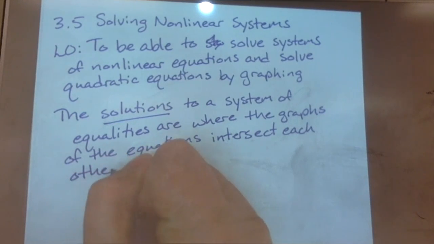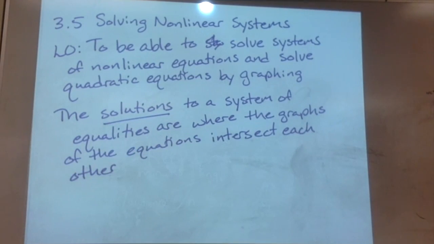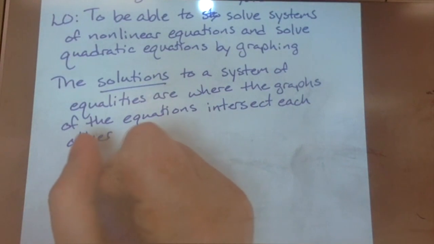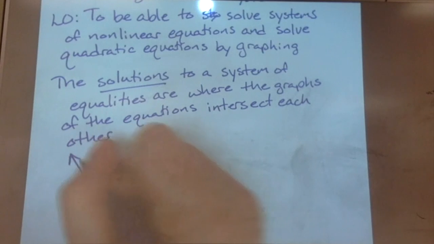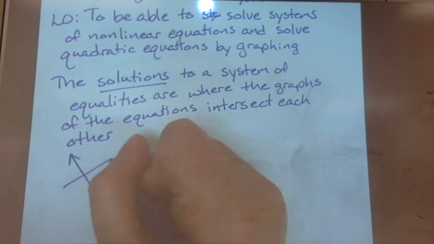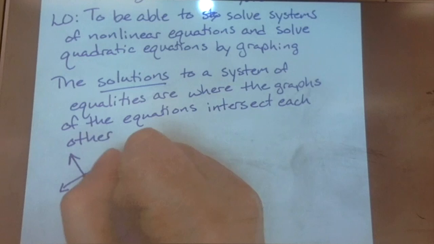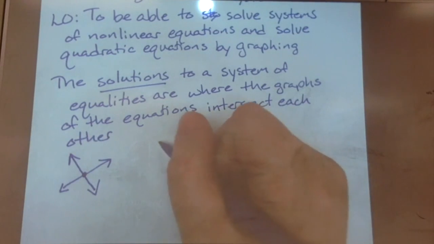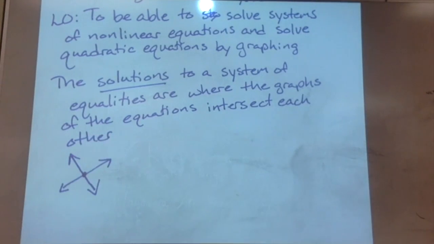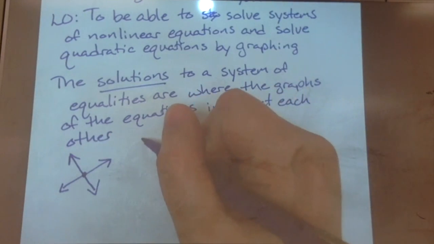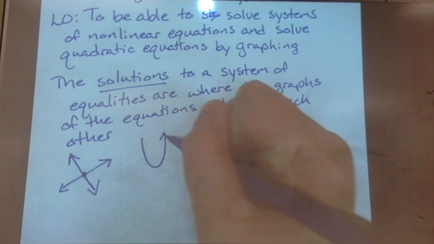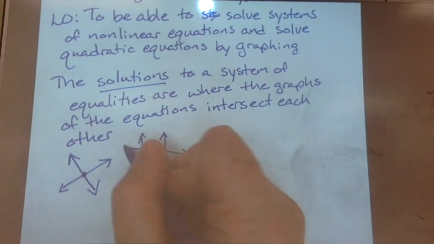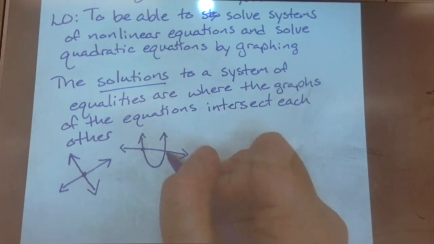If you think of this as two lines intersecting, there is a single point. If you have, say, a parabola and a line intersecting, you could have up to 2 points.